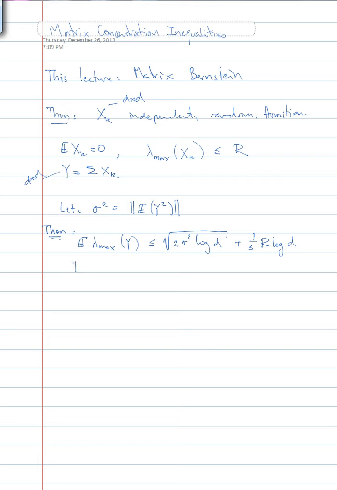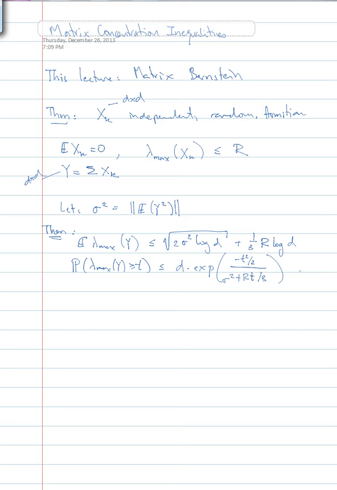Furthermore, we have these tail bounds: the probability that lambda max exceeds t is bounded by d times e to the minus t squared over 2, divided by sigma squared plus Rt over 3.